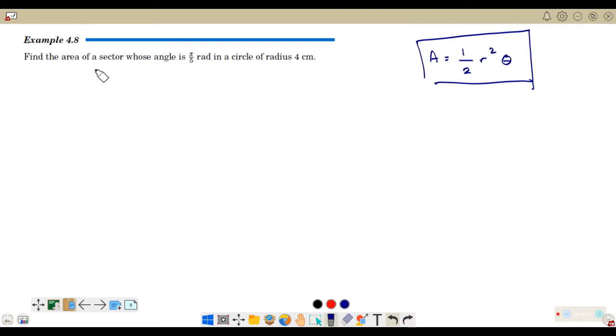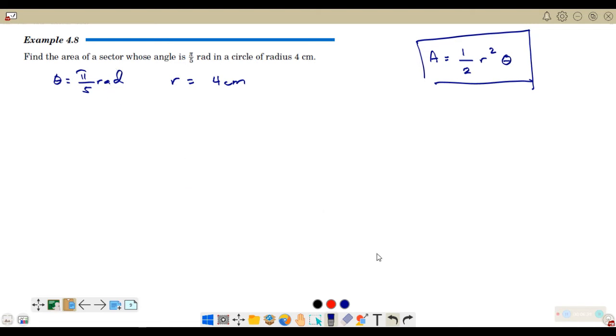Okay. So, area of a sector whose angle is pi over 5 radian. So, substitute natin siya into the value of theta, pi over 5 radians. The radius r is equal to 4 cm.